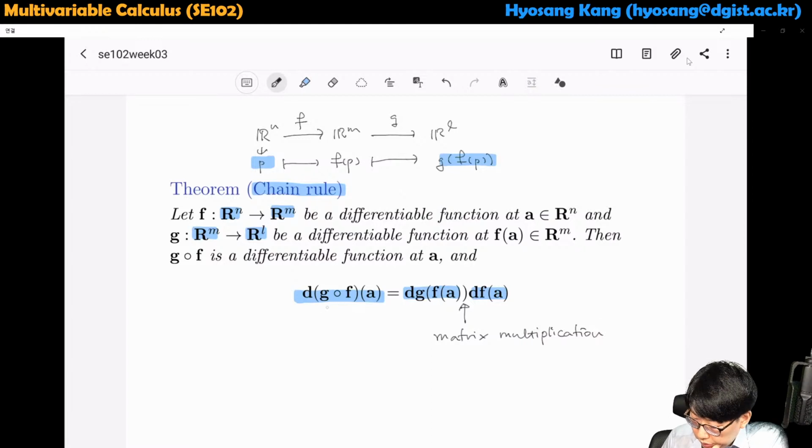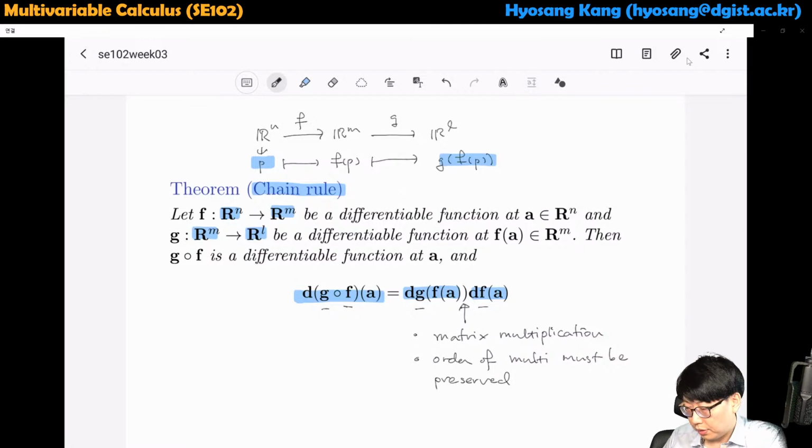Since we composed F with G, the order of matrix multiplication must be preserved as F and G. The order of multiplication must be preserved. So you have to remember two things. Okay, and also note that we are taking a differential of G at F(A). So here I used A, so here let's use A instead.